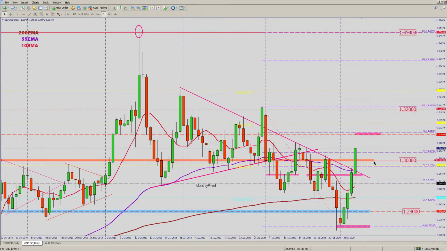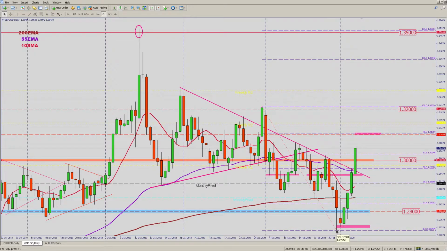We could also continue on further to try to retest the 132. That's where this swing high is. If we use this spike down here, then that's even a tighter zone.